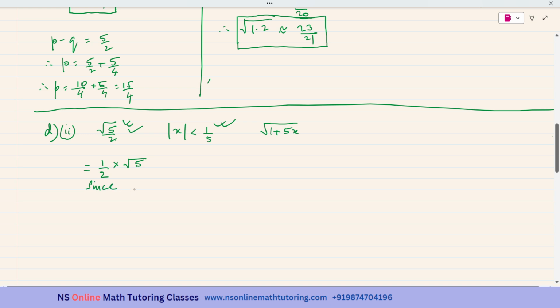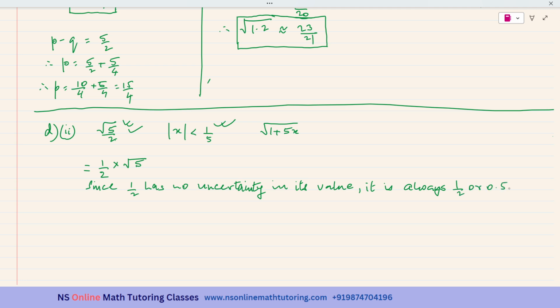Since half has no uncertainty in its value, it is always half or 0.5.